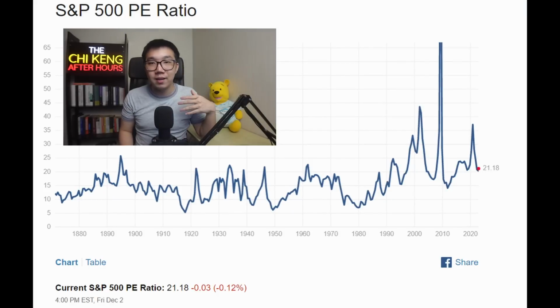Firstly, you can compare it to an overall index, like the S&P 500 for example. The last I checked, the S&P is currently trading at around 21 times PE. If you were to pull the timeline back, the S&P 500 has historically been trading around the 15 to 25 times price to earnings range in general, notwithstanding the sometimes huge fluctuations.